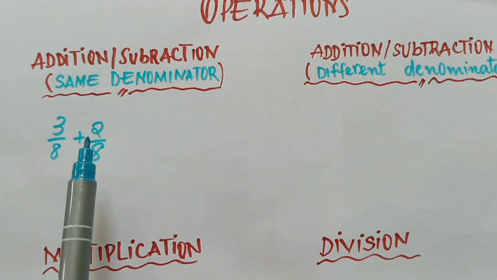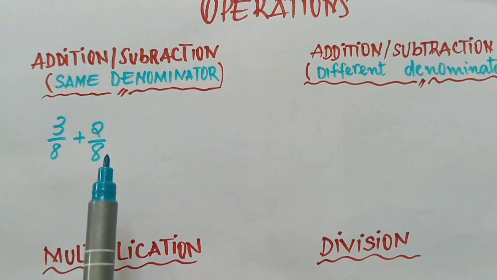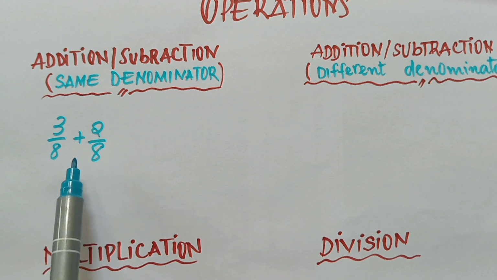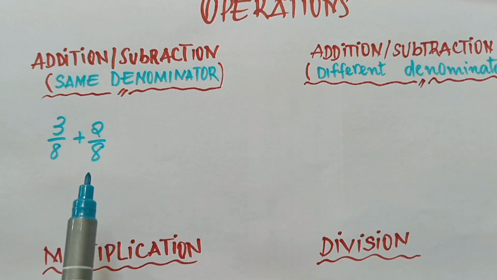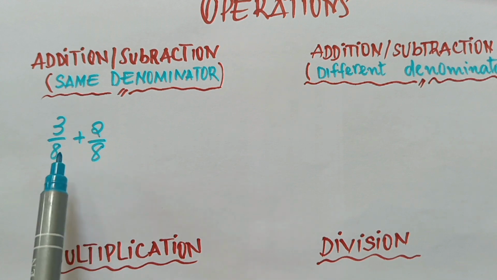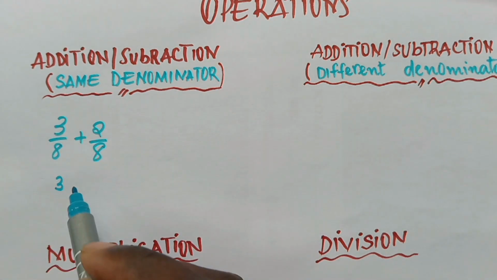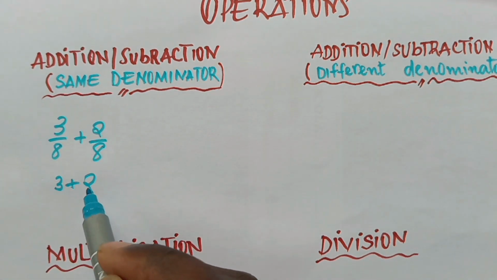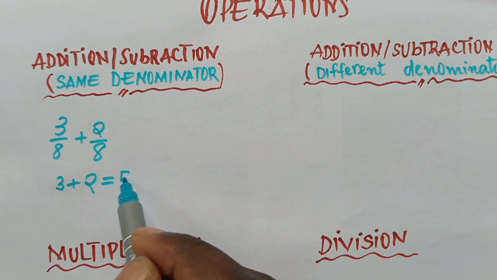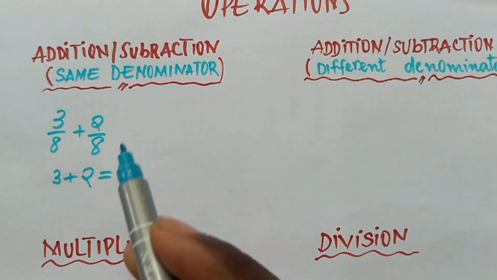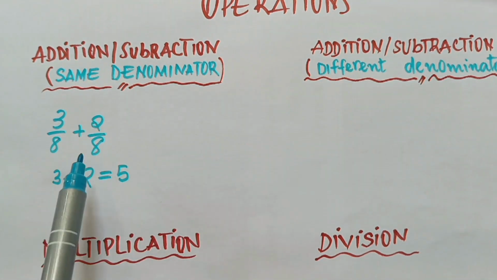Look, both fractions have the same denominator, 8. And what can we do right now? We have to add the numerators, okay? Because here we have 3 plus 2 and it equals 5. And we are going to keep the denominator.